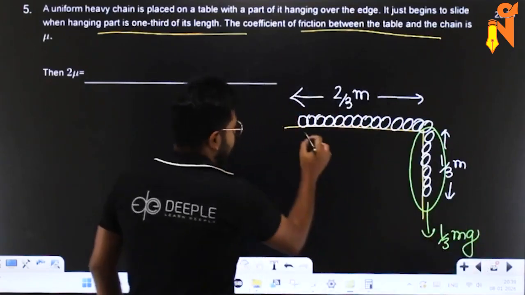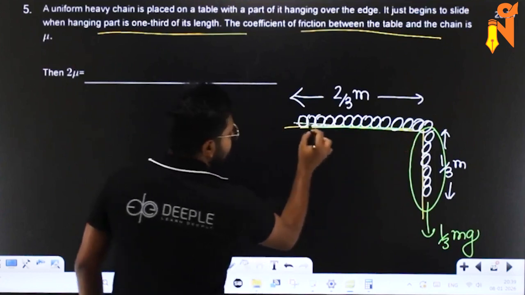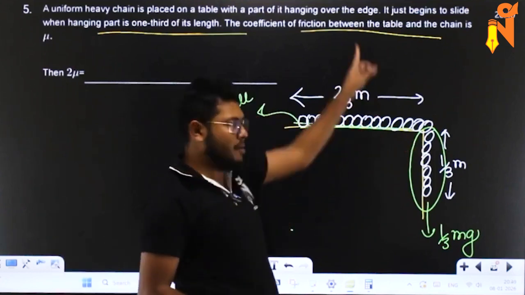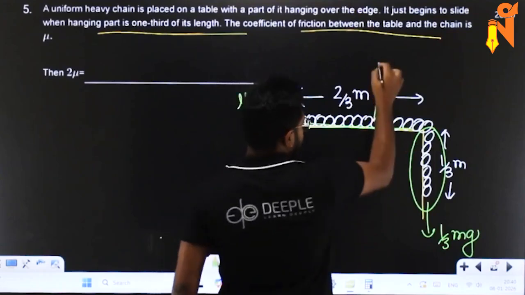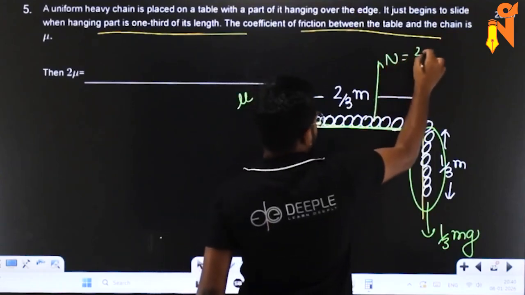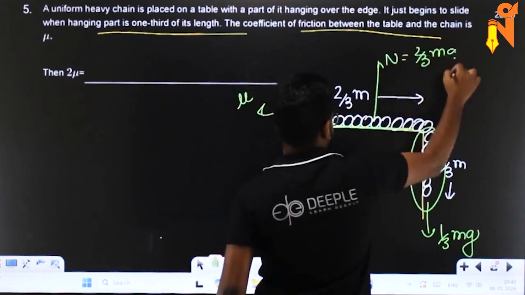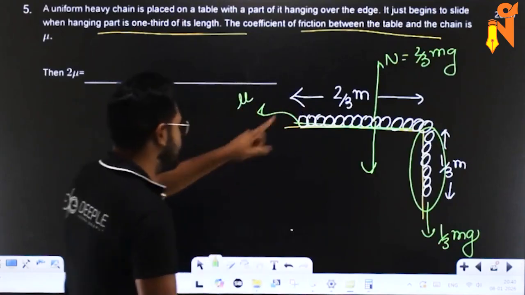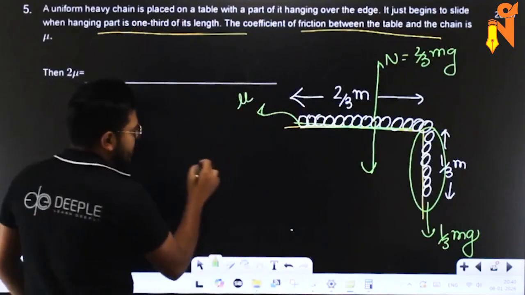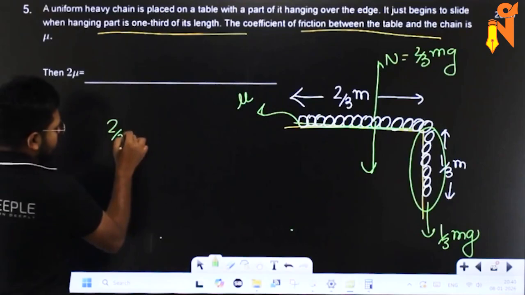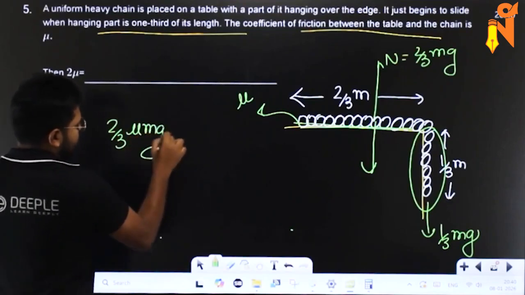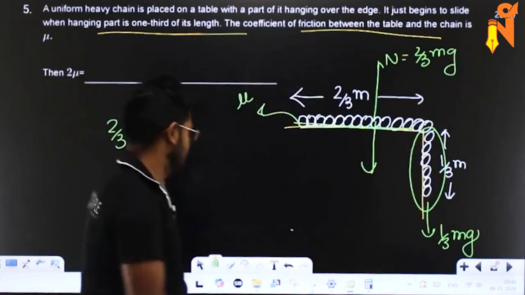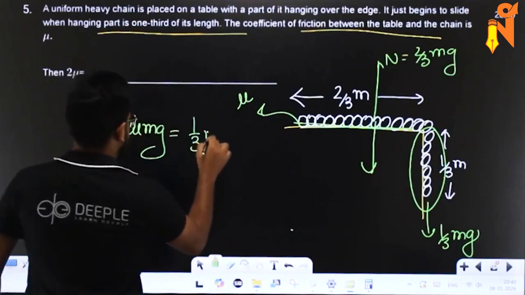And along this surface, with a mu, there will be some normal reaction, which will be the same as 2/3 of mg, basically the weight. So mu into N, the frictional force here will be 2/3 mu mg. That will balance the pulling force of the hanging part, that is 1/3 mg.